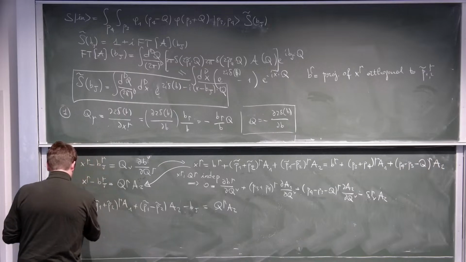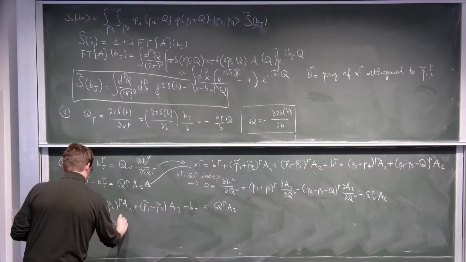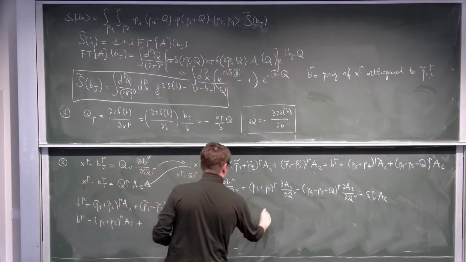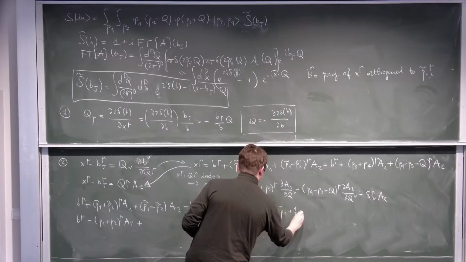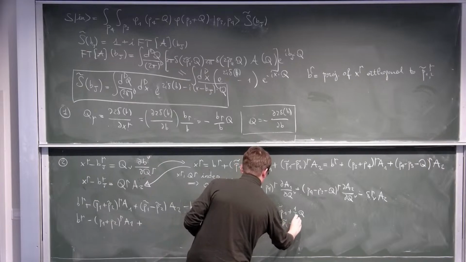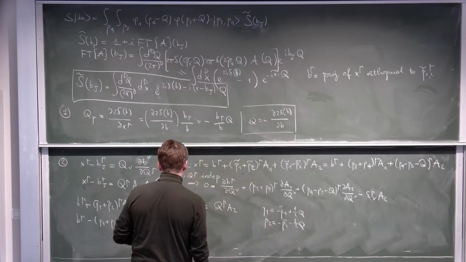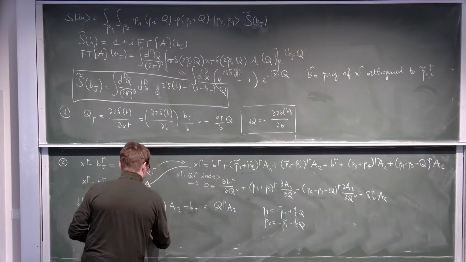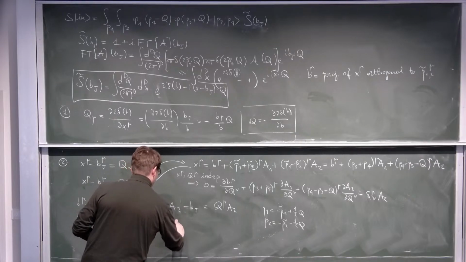So this should be simply minus p1 plus p2. And now, okay, let me write it down. p1 is minus p tilde 1 plus 1/2 q, and p2 is minus p2 minus 1/2 q. So it seems we are in business. Now, of course, we get the sign of P1 and P2 wrong, but it doesn't really matter. The important bit is that we get a plus Q.